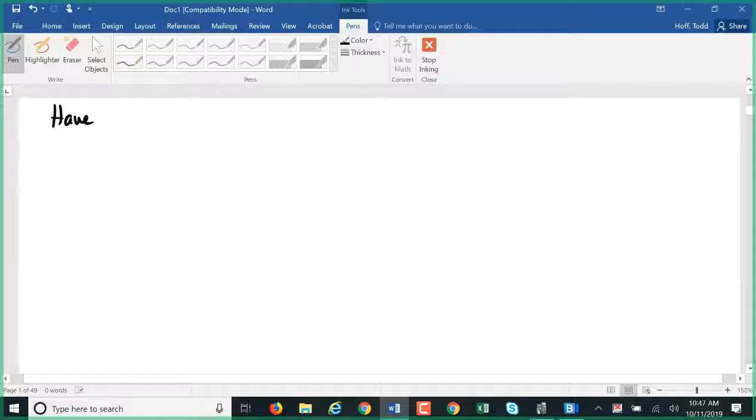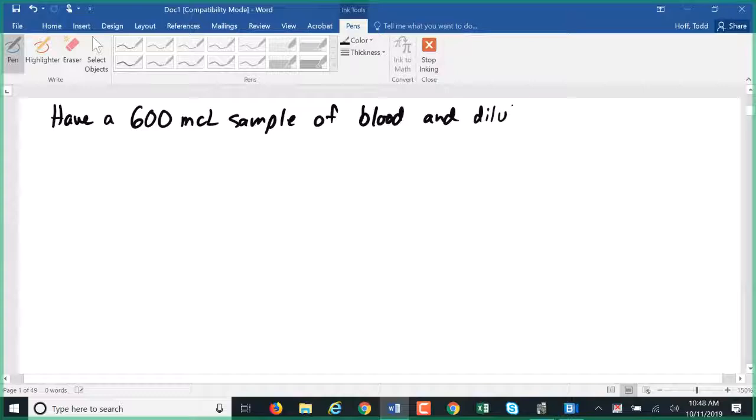Let's say you have a 600 microliter sample of blood, and dilute it with 3 milliliters of NS.